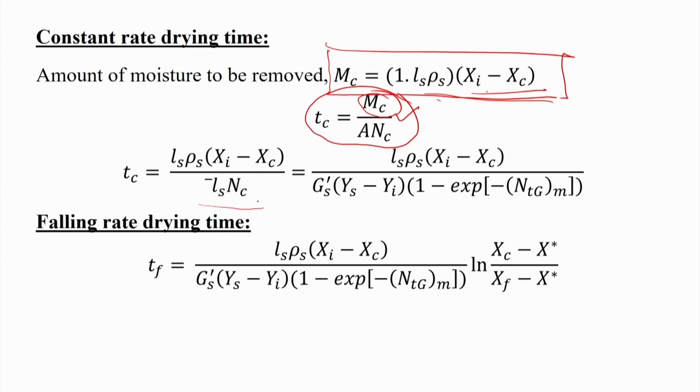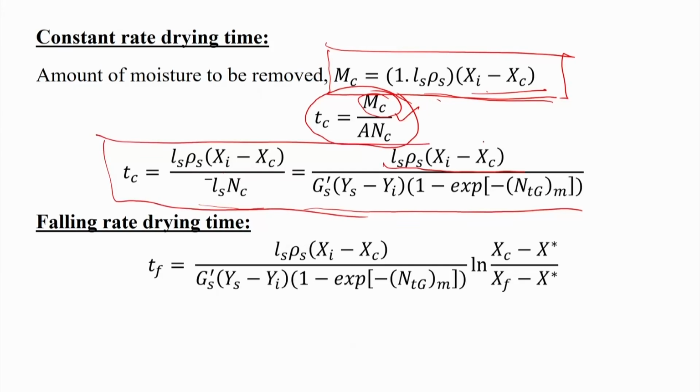If we put this n c value in this expression, then it will be L s into rho s into x I minus x c divided by G s prime into y s minus y I into 1 minus exponential of minus n t g. So, you can see this is the expression for the constant drying period.